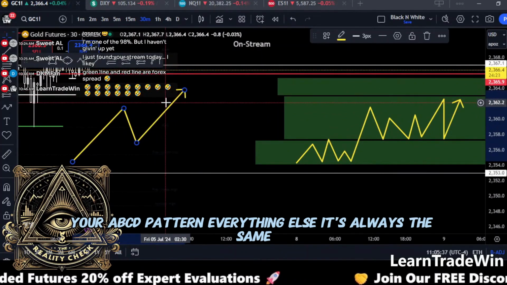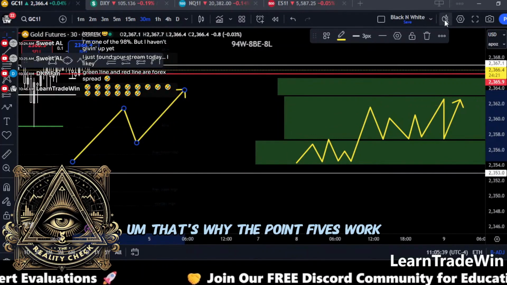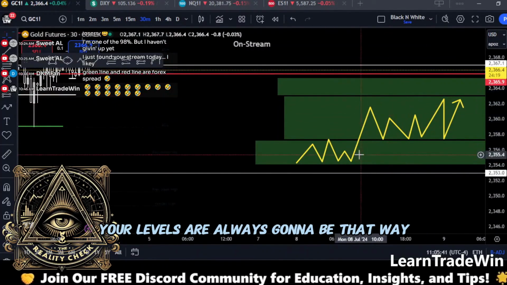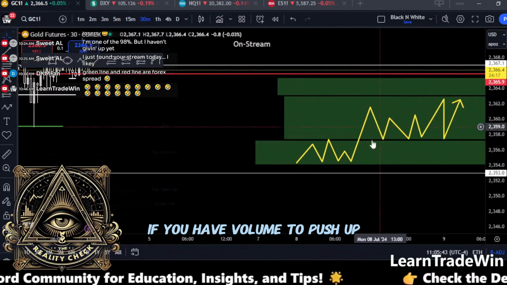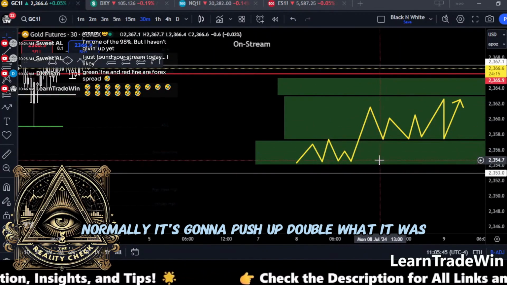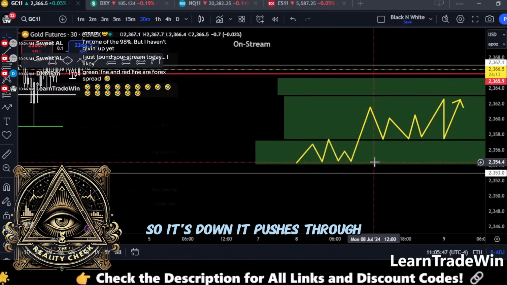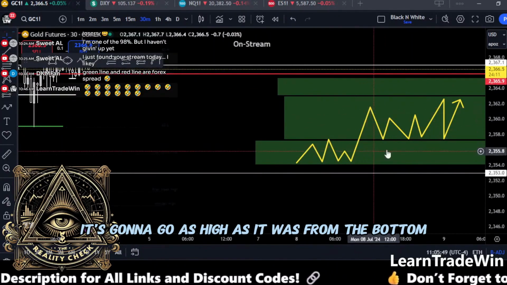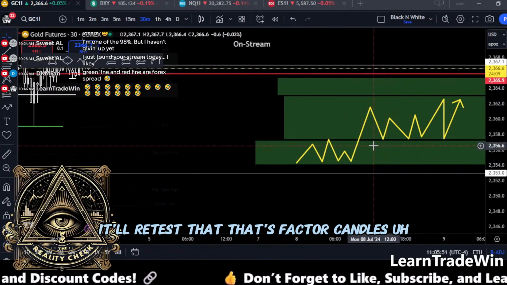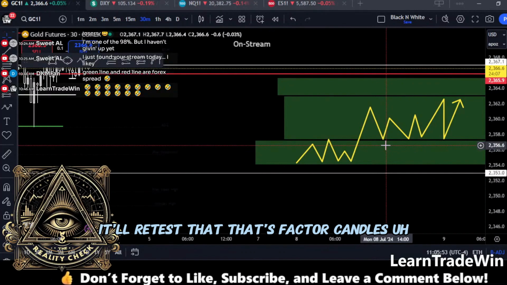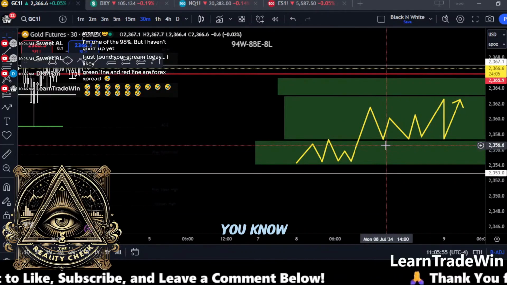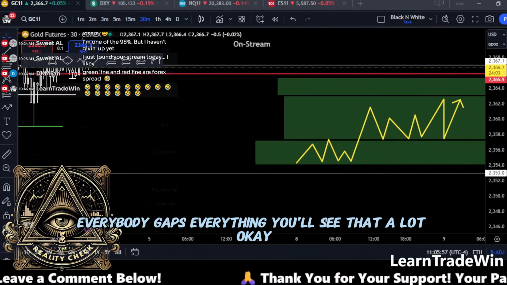Everything else, it's always the same. That's why the 0.5s work. Your levels are always going to be that way. If you have volume to push up, normally it's going to push up double what it was. So it's down, it pushes through, it's going to go as high as it was from the bottom. It'll retest that. That's vector candles, fair value gaps, everything. You'll see that a lot.